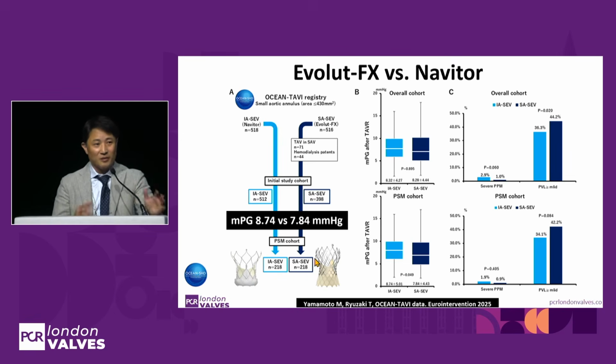That means the difference between the intraannular self-expandable valve and supraannular self-expandable valve is marginal in our cohort. And the rates of severe PPM are quite similar, and the rates of PVL more than mild are also similar. That is the start line.